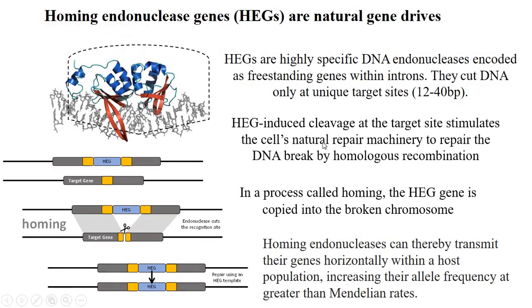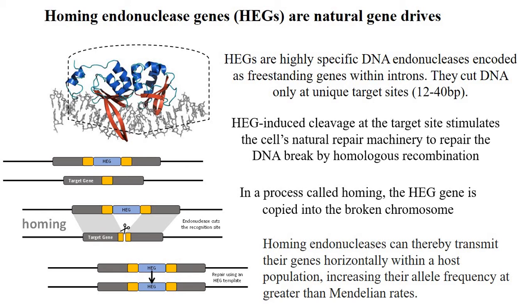Homing endonucleases induce cleavage at the target site. This 12 to 40 base pair target site that they recognize, they will induce a break there, and then the cell's natural repair machinery will repair the DNA break by homologous recombination. It will copy the homing endonuclease into the target site.